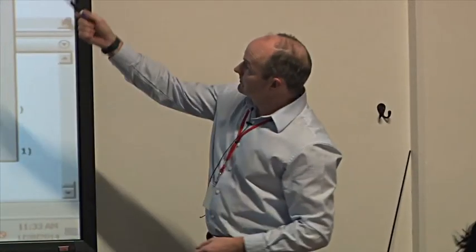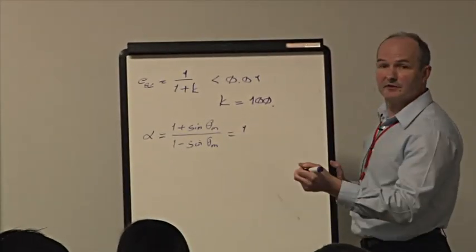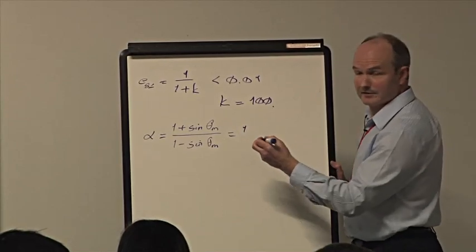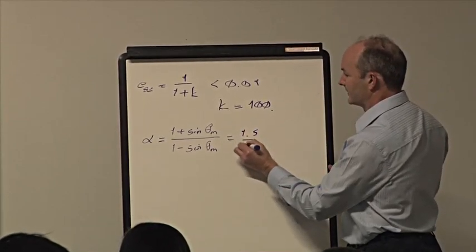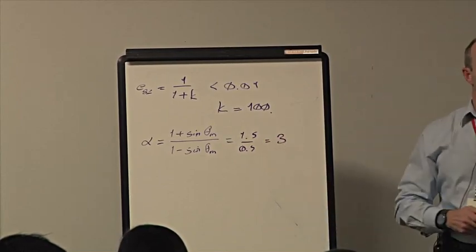I'm going to select 30 degrees, partly because 20 plus 30 is 50, so that gives me enough phase, and partly because I happen to know what the sine of 30 degrees is, so it makes the math nice and easy. The sine of 30 degrees is 0.5, right? Everybody knows that. So this is 1.5 over 0.5, so obviously alpha is going to be equal to 3.